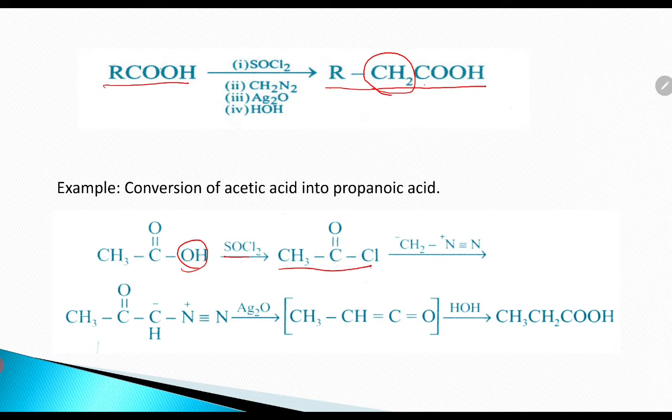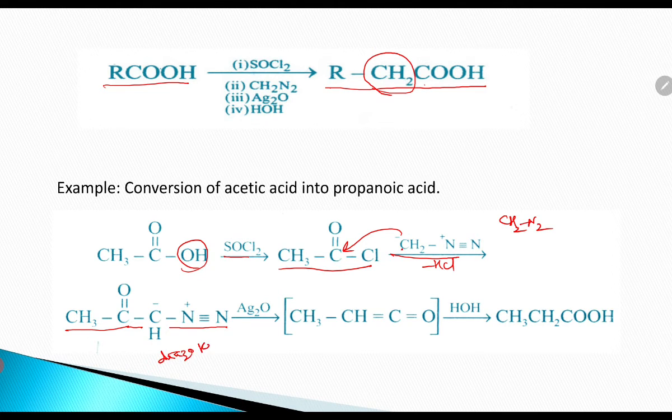So, we are getting acetyl chloride as the product. This acetyl chloride on reaction with diazomethane, that is CH2N2, gives diazoketone. When reacted with diazomethane, one HCl is lost here and CH is bonded to this carbon atom. So, CH3CO CH minus N plus triple bond N, diazoketone is obtained here.